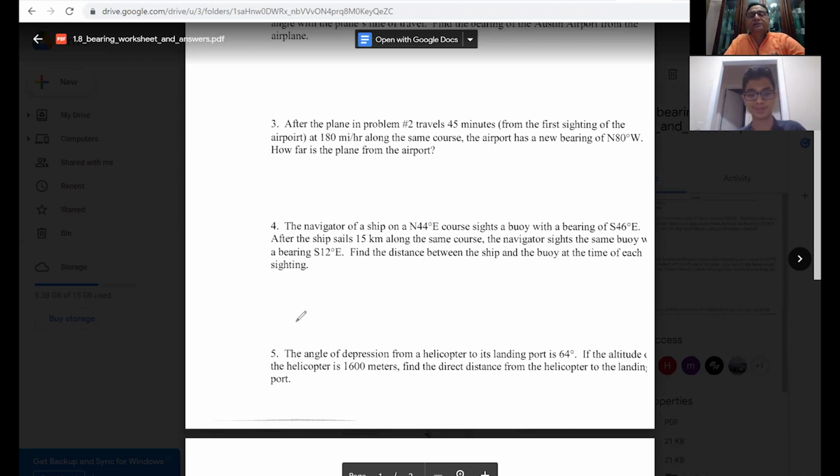Correct, each sighting. So the navigator of a ship on a north 44 degrees east course. Let's again make a diagram. Make this bright.